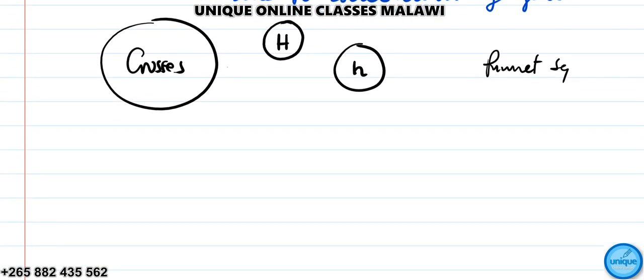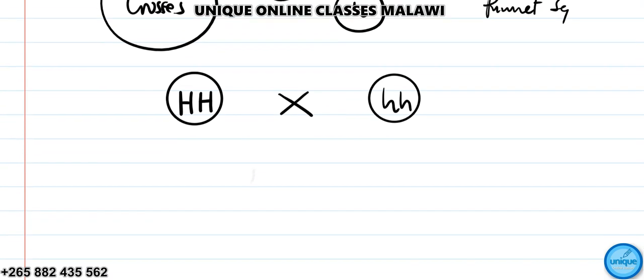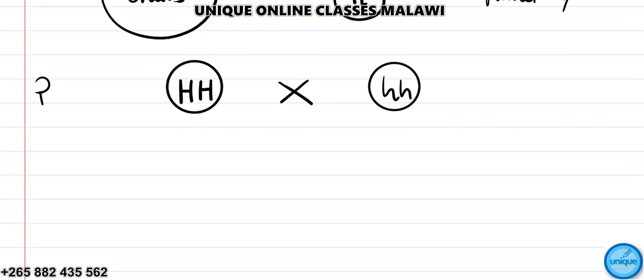So let's have these. We have capital H's tizipange cross ndi small h's. So let me have these. Tiapange cross awo. So what will happen here, we have parents there, and the meiosis will take place.